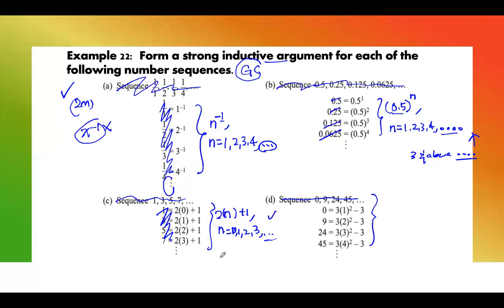So if you want to put n starting with 1, 2, 3, 4, and so on, then our n here must be minus 1 plus 1. Right? So 2 bracket n minus 1 plus 1. So therefore, we have a new general form that is 2n minus 1, and then n is 1, 2, 3, 4, and so on.